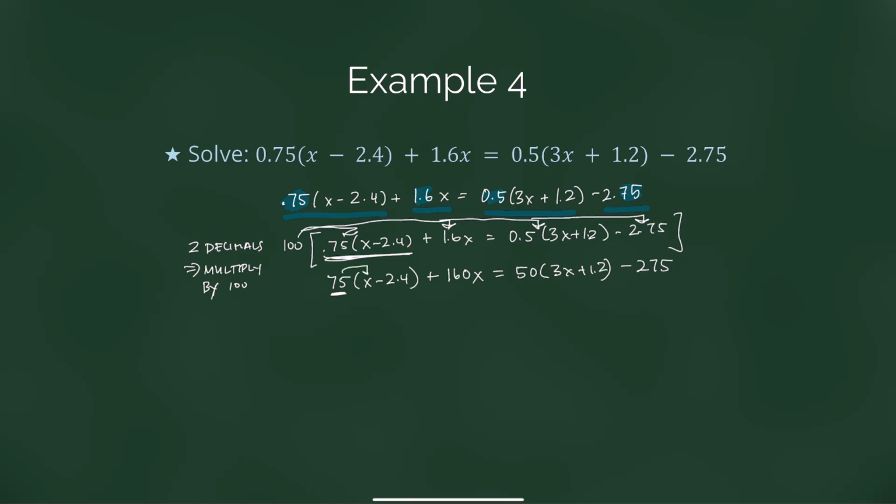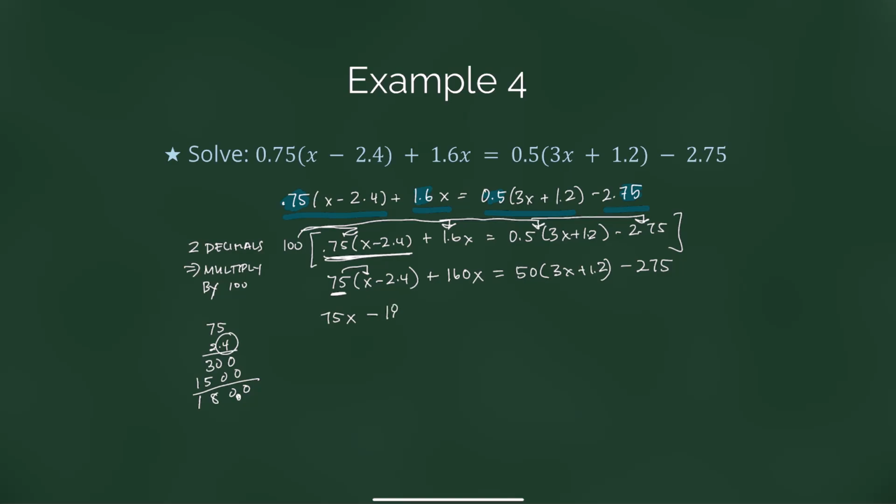Now I'm going to distribute the 75, so I get 75x, and then I have 2.4 times 75. Can't do that in my head, so I'll just do it over here. Let's do an old school multiplication here. I get 1800, and I have one decimal place, so that's going to be 180.